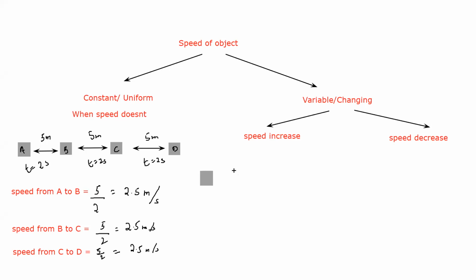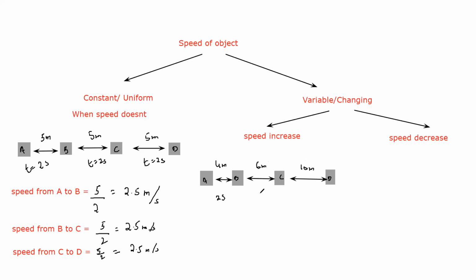An object moving from A to B, then from B to C, and then C to D. These are the positions A, B, C, and D. The distance from A to B is different from B to C, and B to C is different from C to D. Say it covers 4 meters, then it covers 6 meters, then it covers 10 meters.